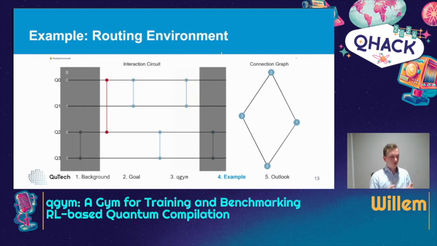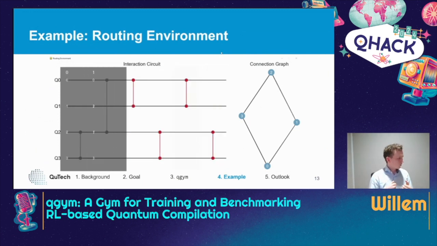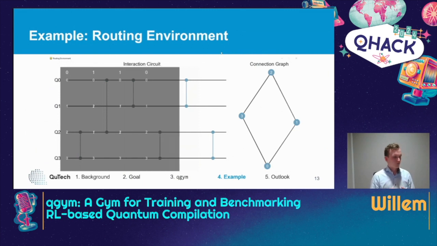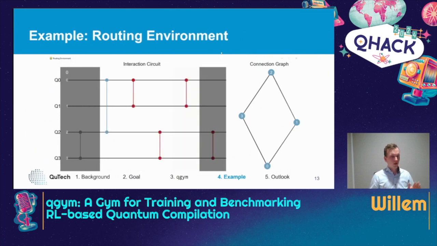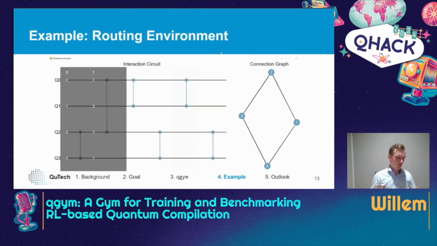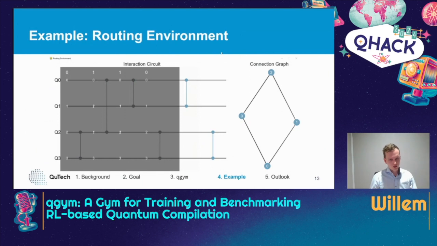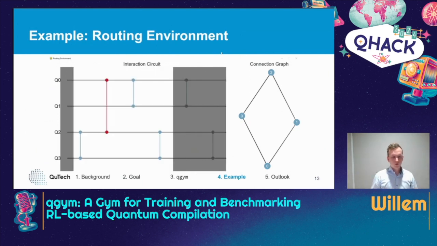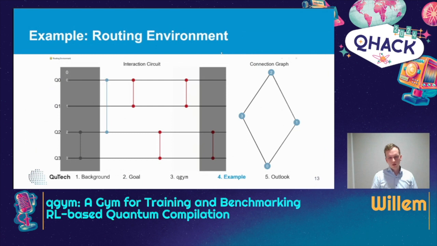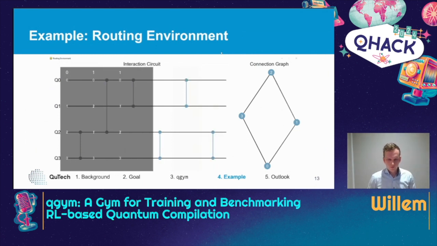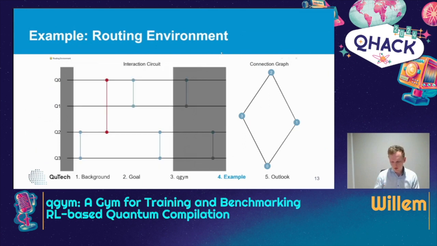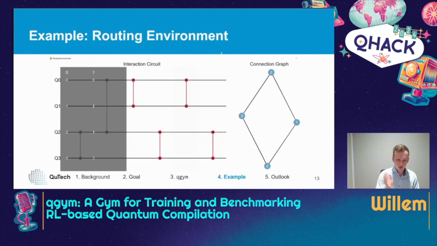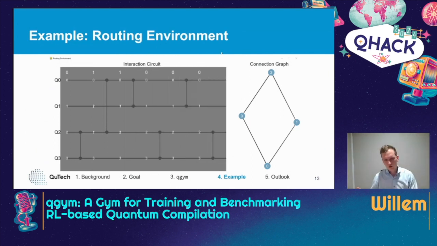And then if the reinforcement learning agent tries to pass this gate, meaning that it could be executed, it will be penalized because it cannot be executed. So then it is forced to place a swap gate until it can pass the gate. At every moment in time, it has the choice to either place a swap gate between some of the qubits or to go further.